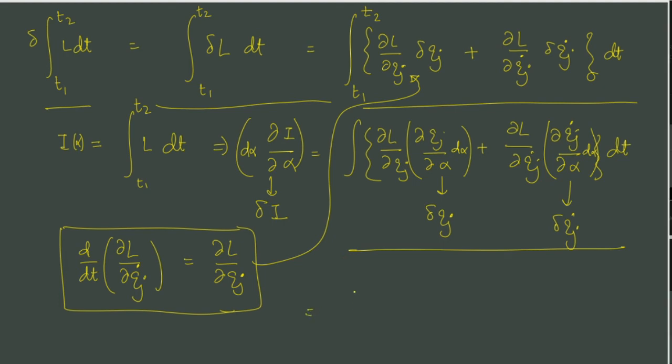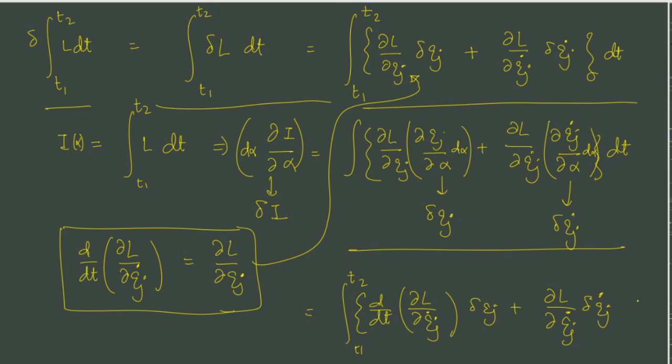Basically what we have is T1 to T2, we have d/dt of del L del Qj dot plus, that's it.